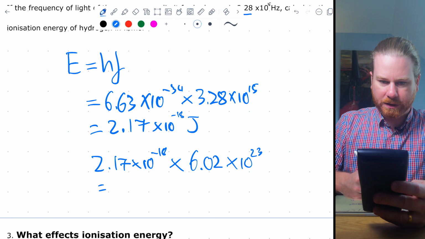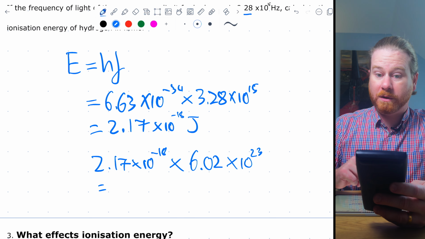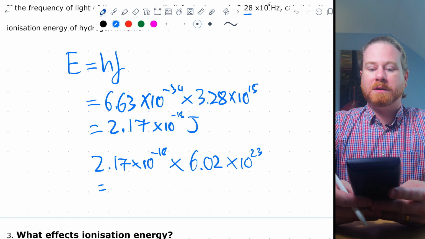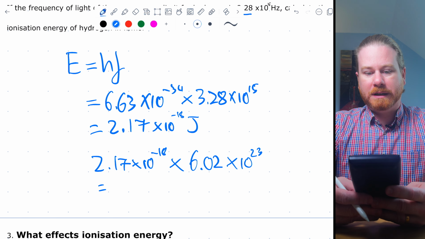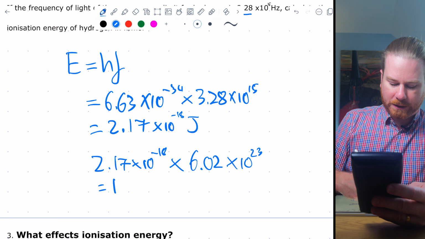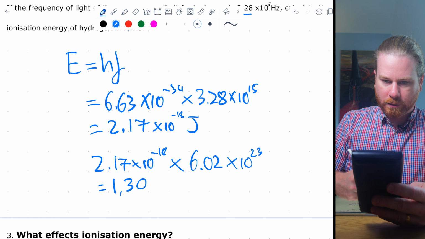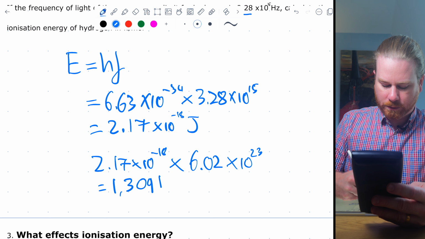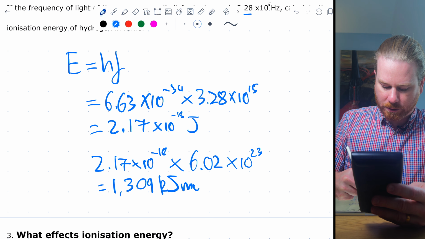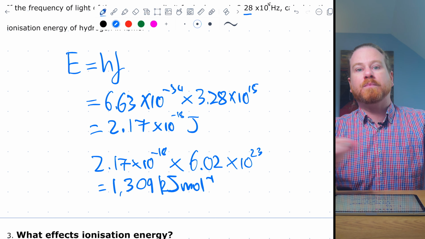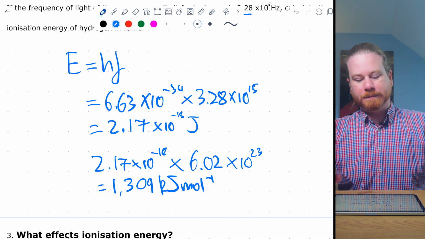Okay, so this is going to give us a very big number, and I'm going to divide it by 1,000 straight away, because that gives us the answer in joules, but we want the answer in kilojoules. So this is a nicer number to write down. 1,309 kilojoules per mole. Okay, nice and straightforward. You can see that there, hopefully.